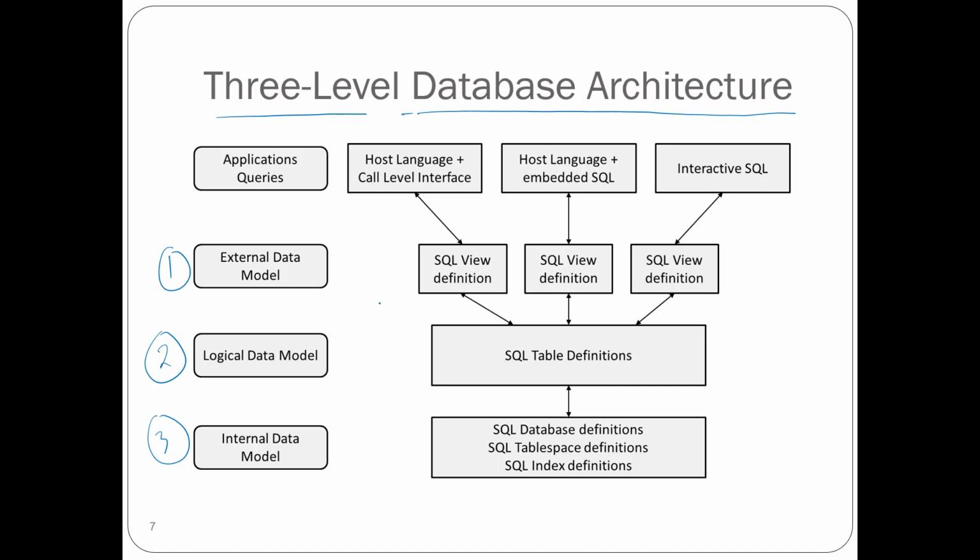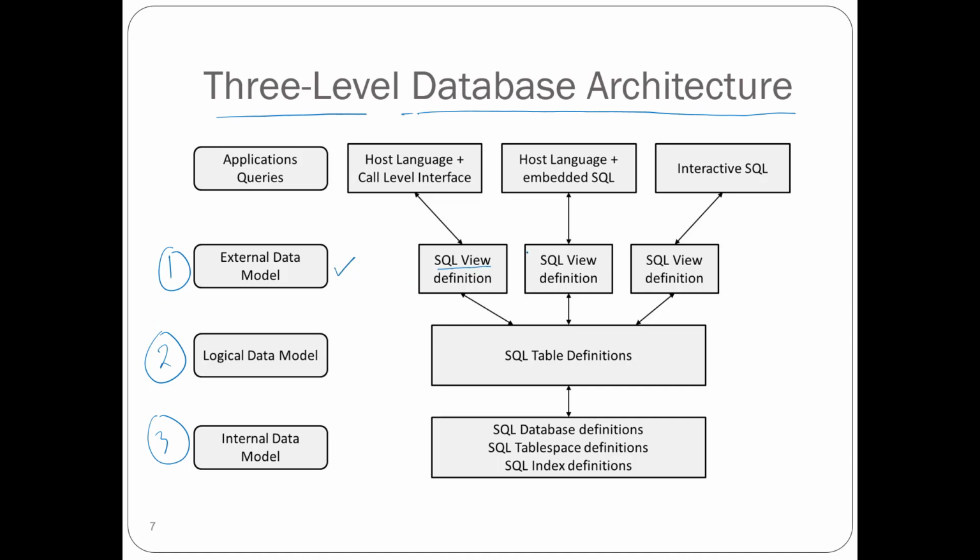Here we want to see how SQL helps us with these three data models. So let's start from the top. We have the concept of views. You can use SQL views to define the external data model.